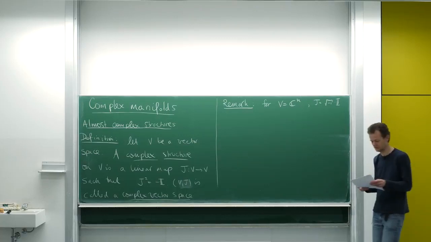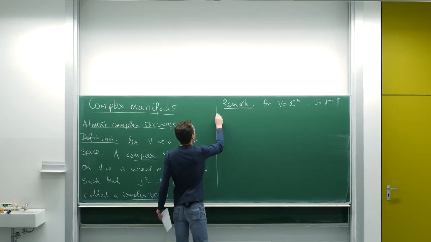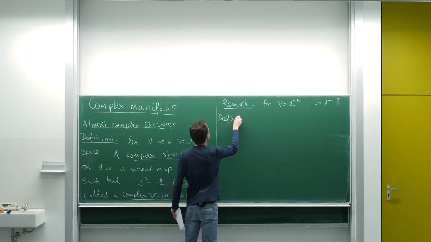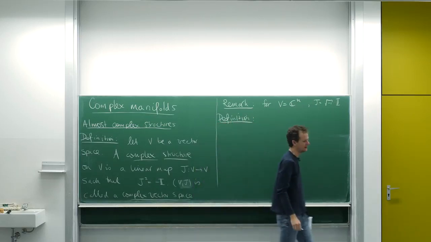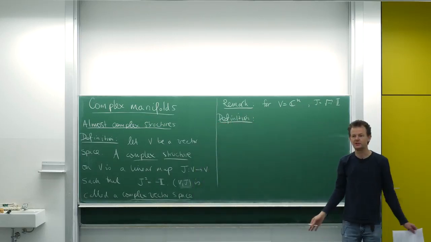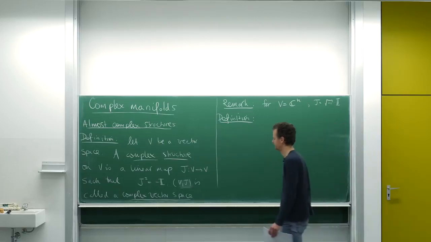If you square J, you get -1. So all is well. That's what it means for a vector space to be complex from now on in this course.